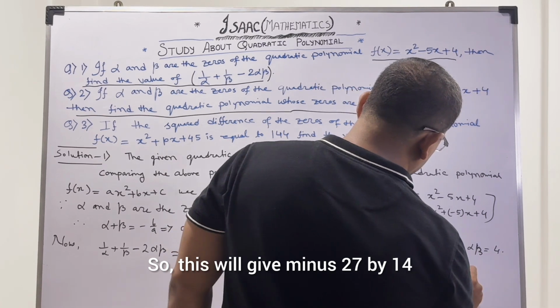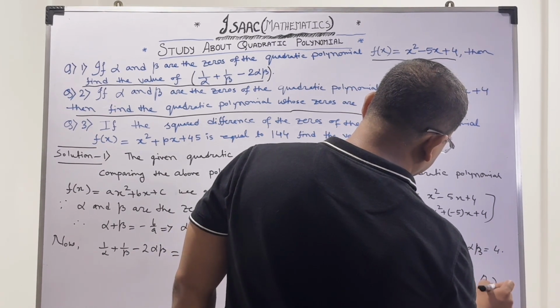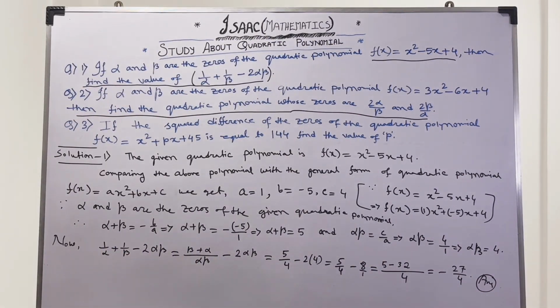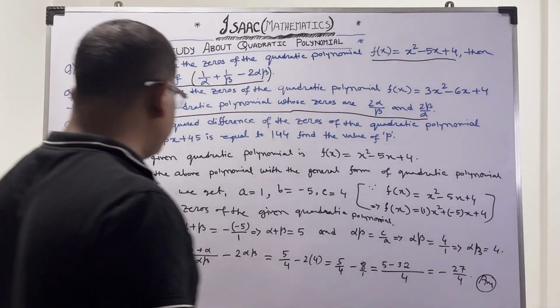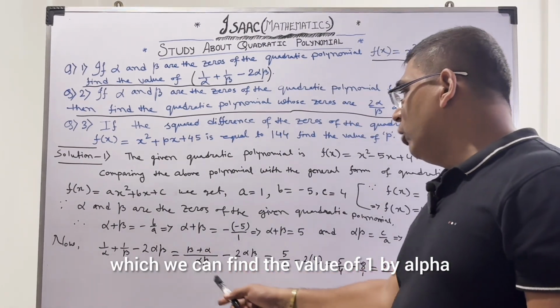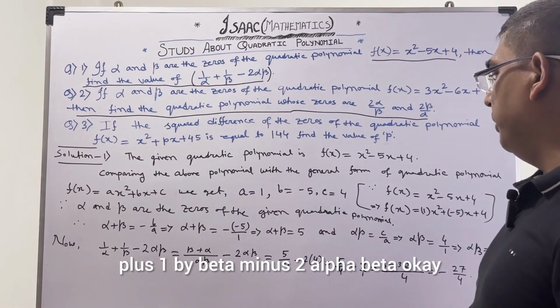So this will give minus 27 by 4. So this is the way by which we can find the value of 1 by alpha plus 1 by beta minus 2 alpha beta. Okay.